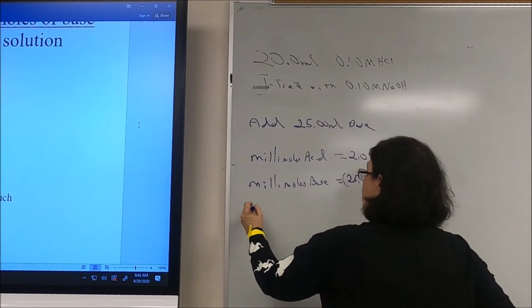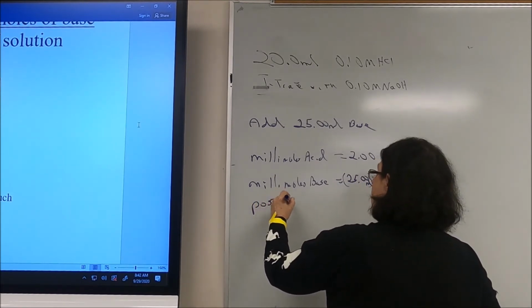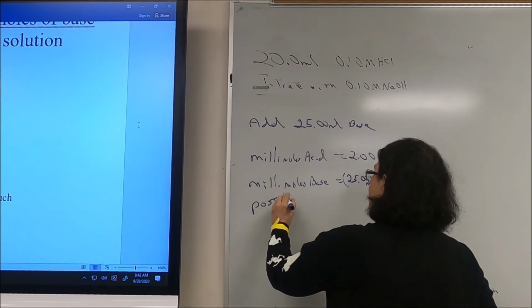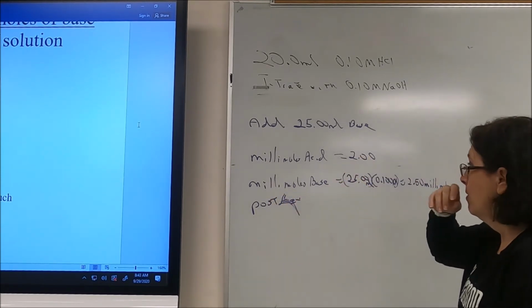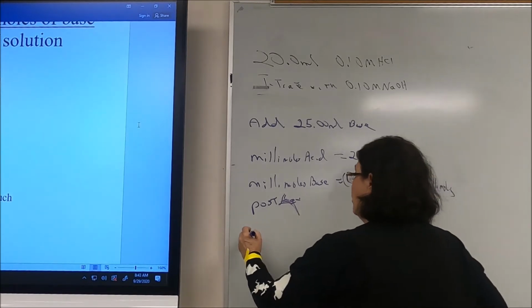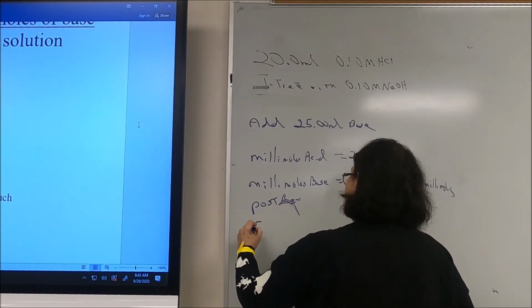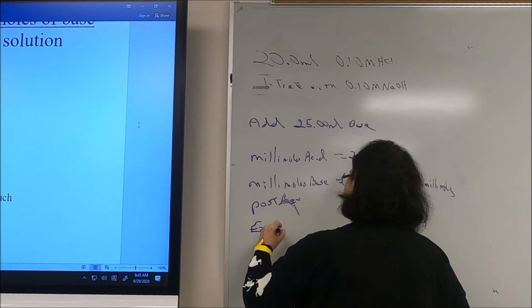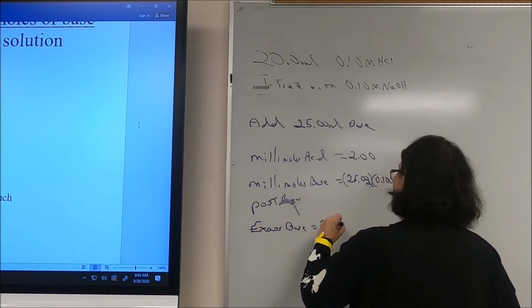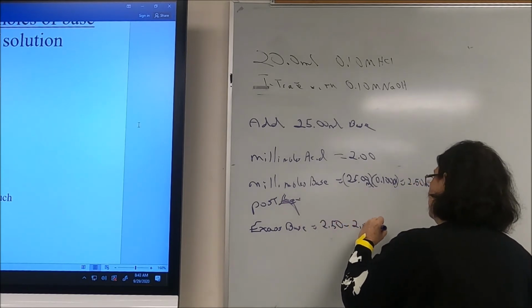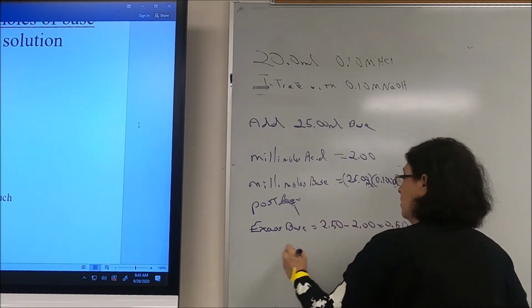Okay, so now we're post equivalency point because millimoles of base is greater than millimoles of acid. So our excess base is just going to be 2.50 minus 2, 0.50.